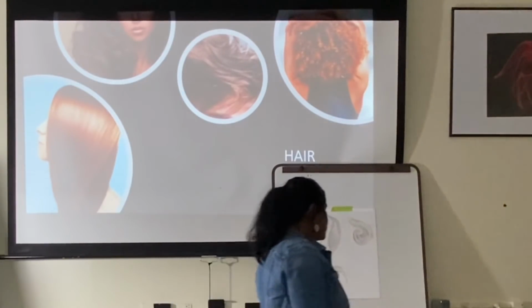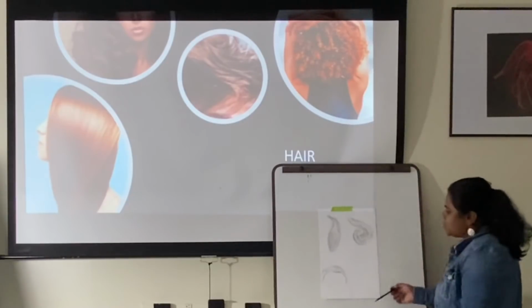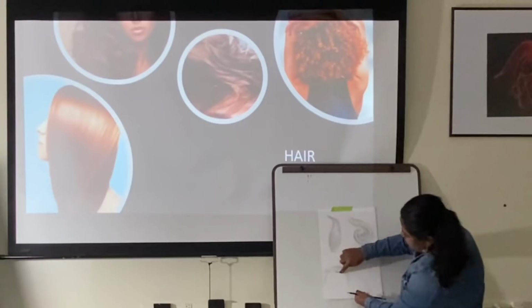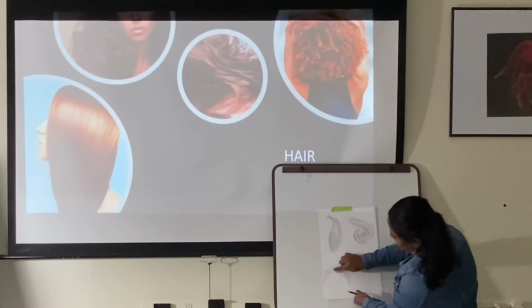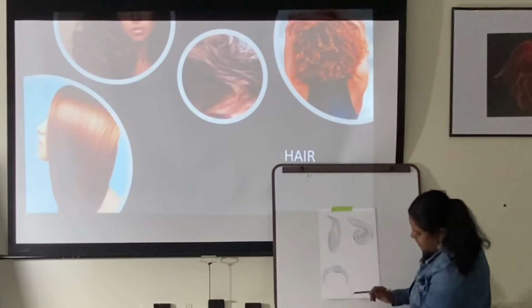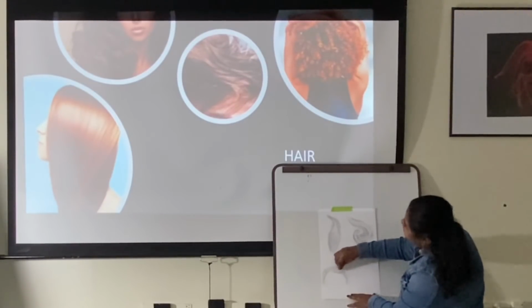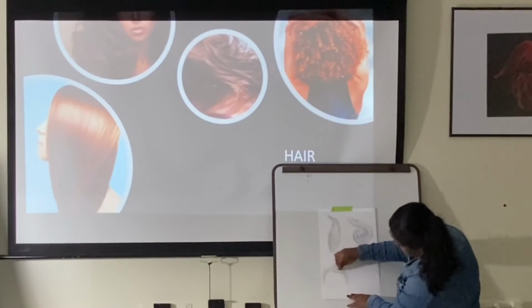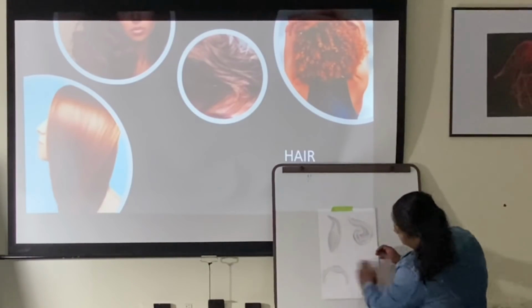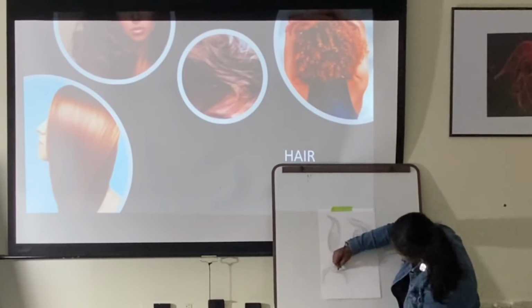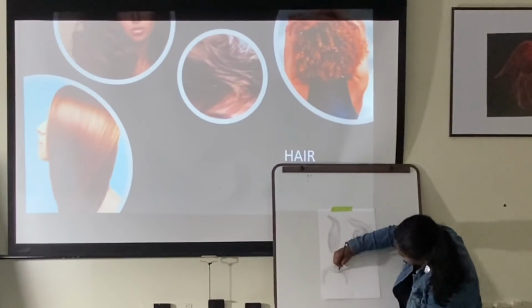So a boy's haircut doesn't take long to create, but you are gonna create value changes within that hair as well. So I would go ahead and shade if this is going around the face. For a boy's haircut, you are gonna put some highlights in there. And then maybe some more hairlines too. So like I said, it's a lot of back and forth. And there's gonna be movement too.